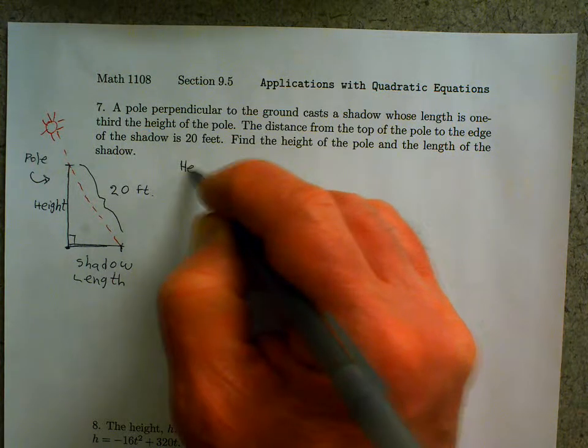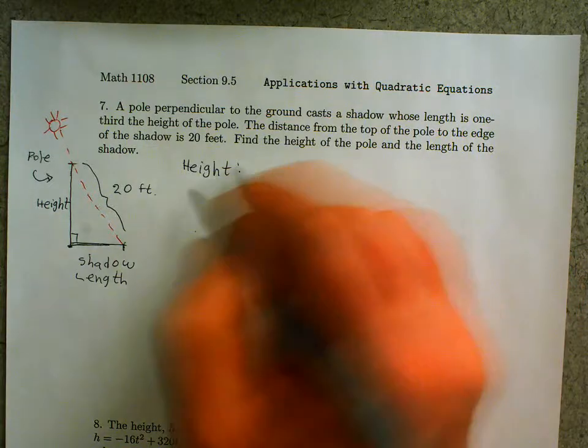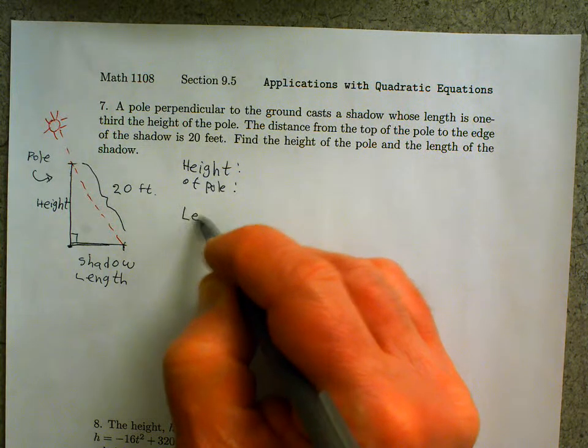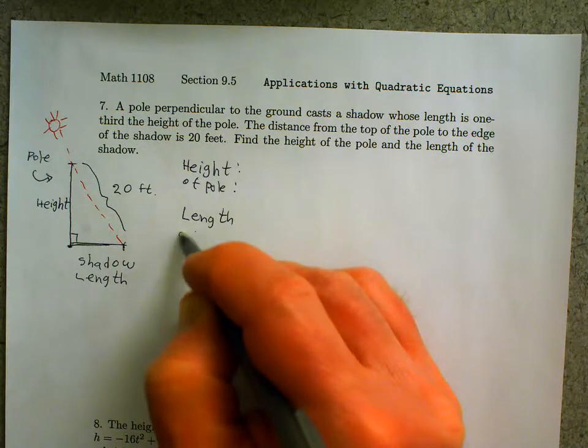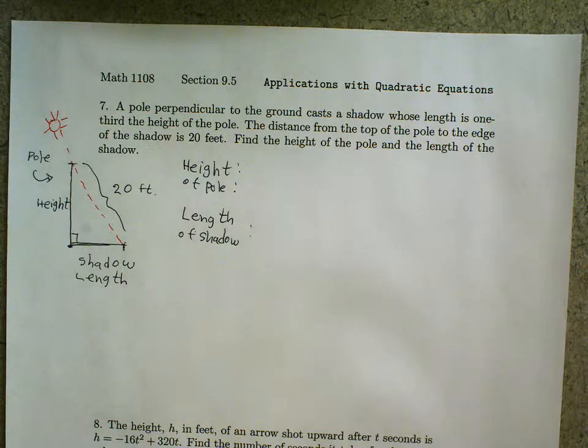Okay, so let's make variable assignments for the height of the pole and length of the shadow. There's more than one way to do it.